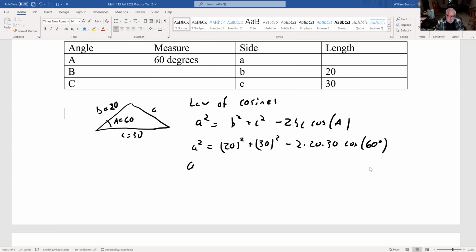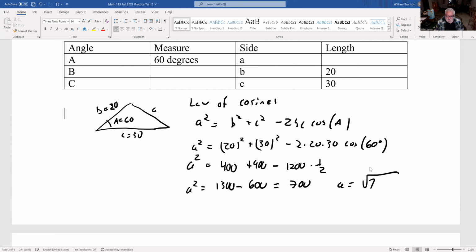So A squared is equal to 20 squared, which is 400, plus 900, minus 2 times 20 times 30, which is 1200, times 1/2, because cosine of 60 is 1/2. So A squared equals 1300 minus 600 equals 700. So A equals the square root of 700.